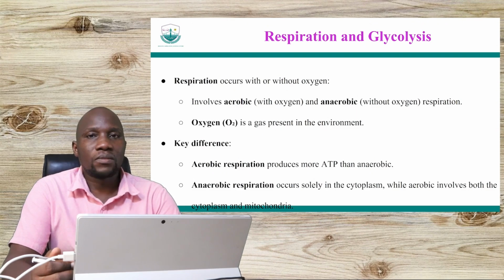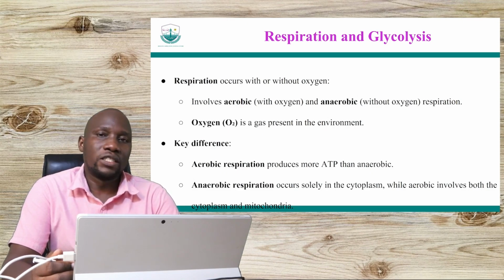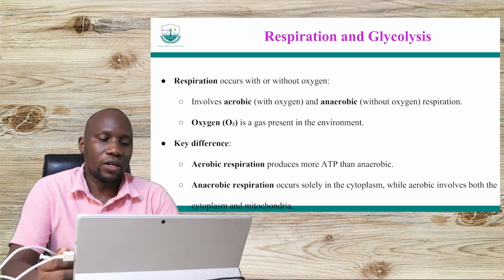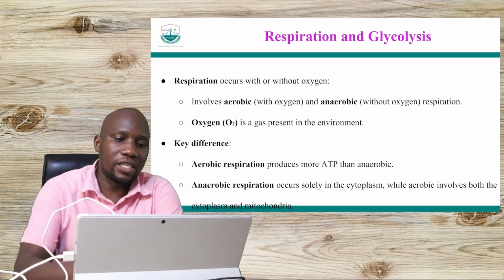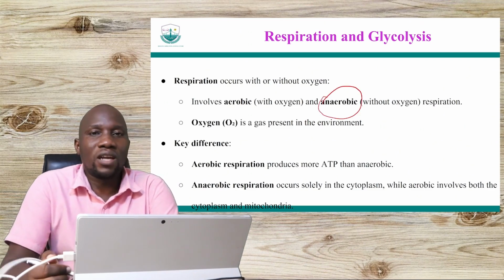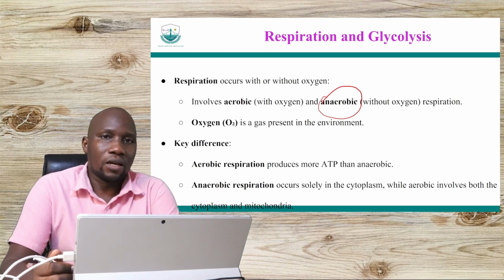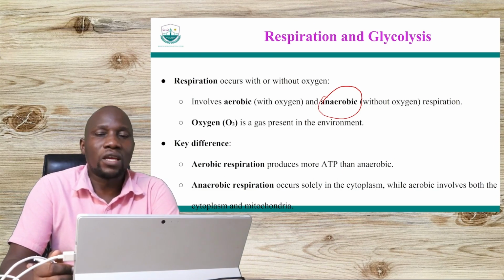So respiration can occur in presence of oxygen or in absence of oxygen. When it is in presence of oxygen, we say it is aerobic respiration. When it is in absence of oxygen, we say it is anaerobic respiration. The organisms that need oxygen for respiration, we call them aerobes or aerobic organisms. And then anaerobic organisms are those that can survive without oxygen.